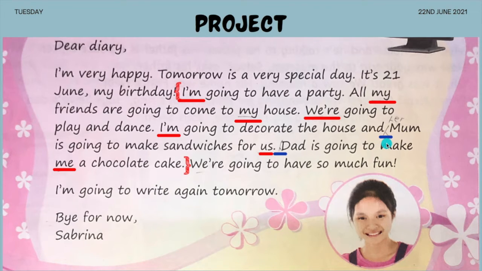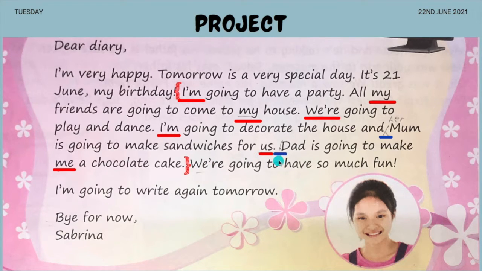The one that I underline in blue is where you need to write the word her. H-E-R, her. Continue. And her mom is going to make sandwiches for the word as his, replace with them. T-H-E-M. So I repeat this part. She is going to decorate the house and her mom is going to make sandwiches for them.